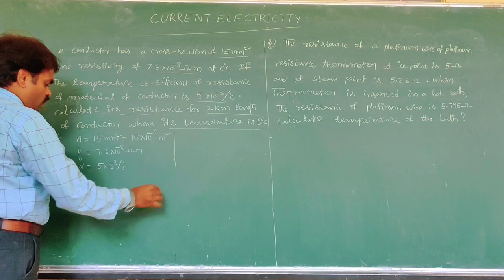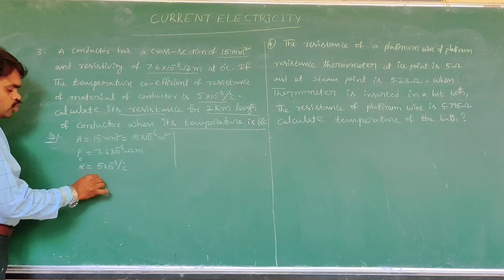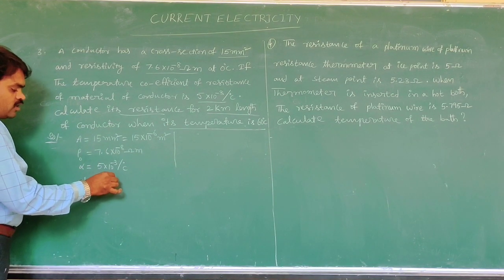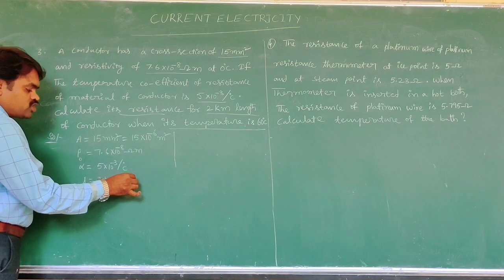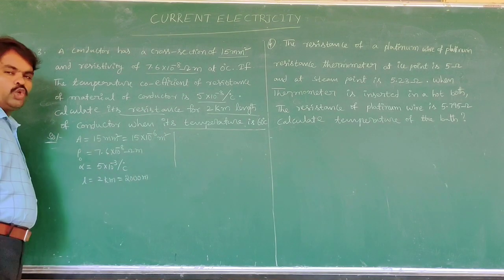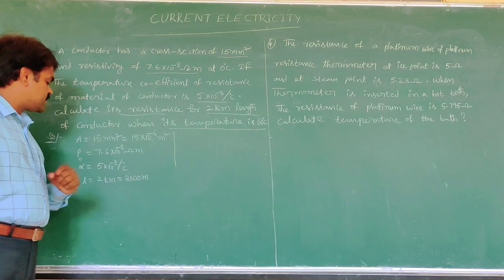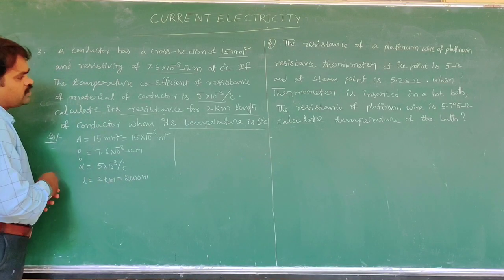Now the length of the wire is given, L is equal to 2 kilometers, means 2000 meters. 1 kilometer has 1000 meters, that's why 2000.